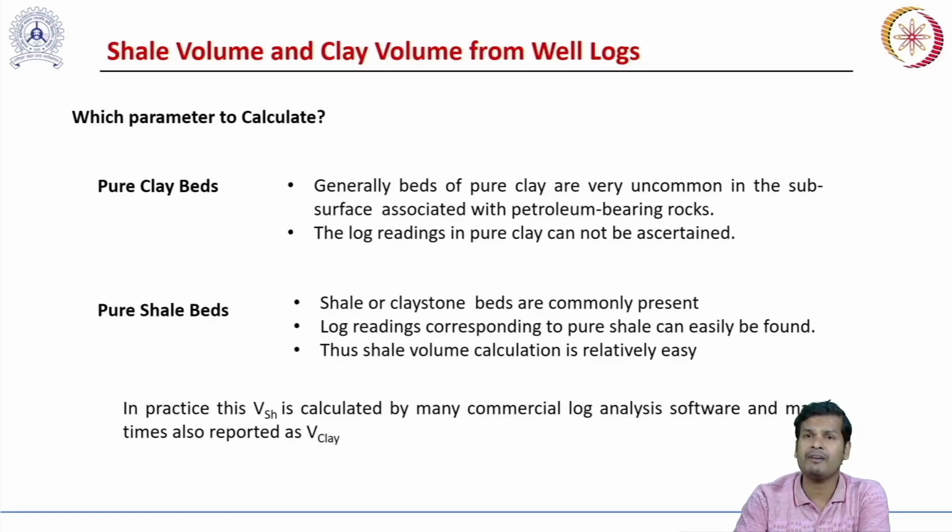So the clay volume must be calculated, not the shale volume, because the hydrogen associated with the clay, the bound water, is inside the clay, and shale only contains clay 60 to 70% by volume, the rest being some other mineral. So generally clay volume should be calculated, not the shale volume, as the clay seems to cause most of the problem when taking the record of the density log or the neutron log.